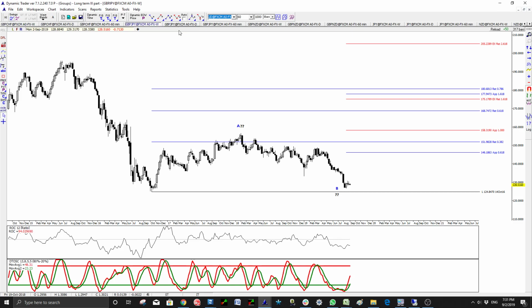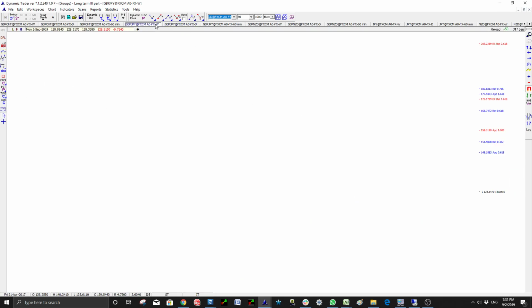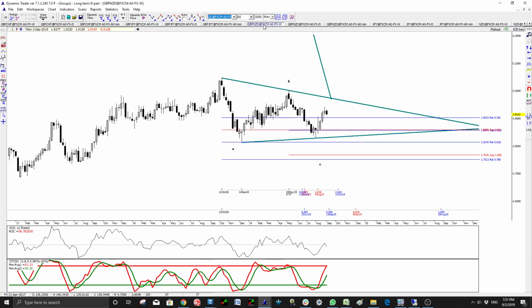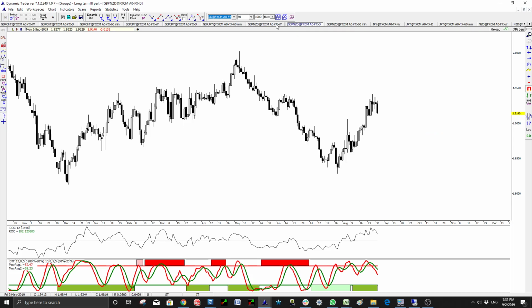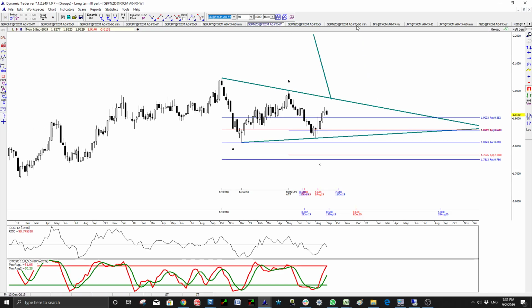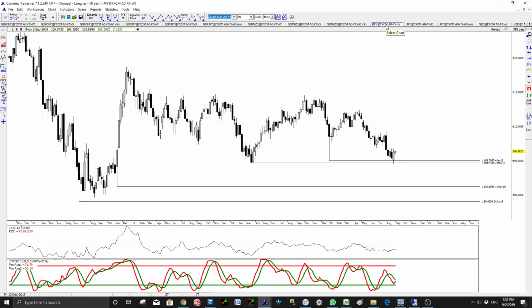Pound Japanese yen, a bit confusing here. This is very long term. I got targets at 177, but I'm not really sure what's going on here, so keep on watching it and getting more data. Pound New Zealand, also trying to get more data to see how the market behaves and if we can find a good entry.